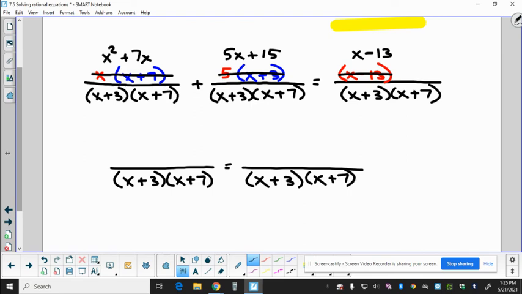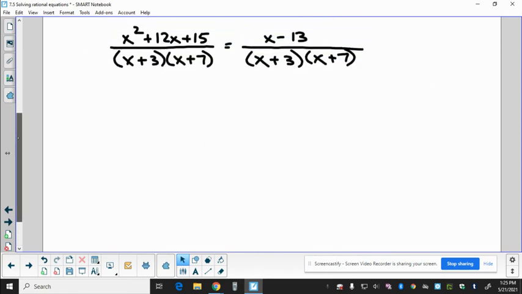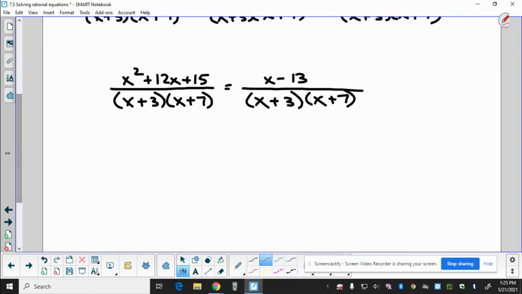Numerator will be x squared, 12x, and 15, and x minus 13. All right, let's recenter that. Time to use our property of equality. So I'm going to keep everything on the left-hand side. I'm going to subtract an x. I'm going to add a 13.